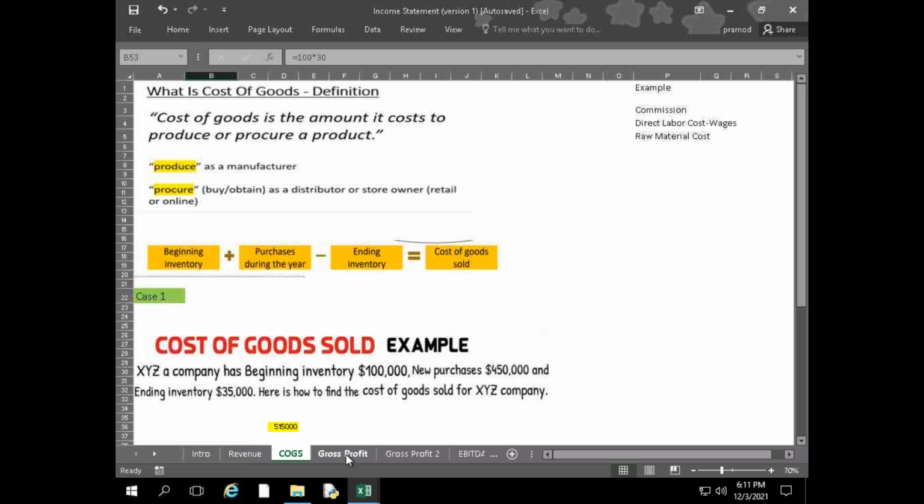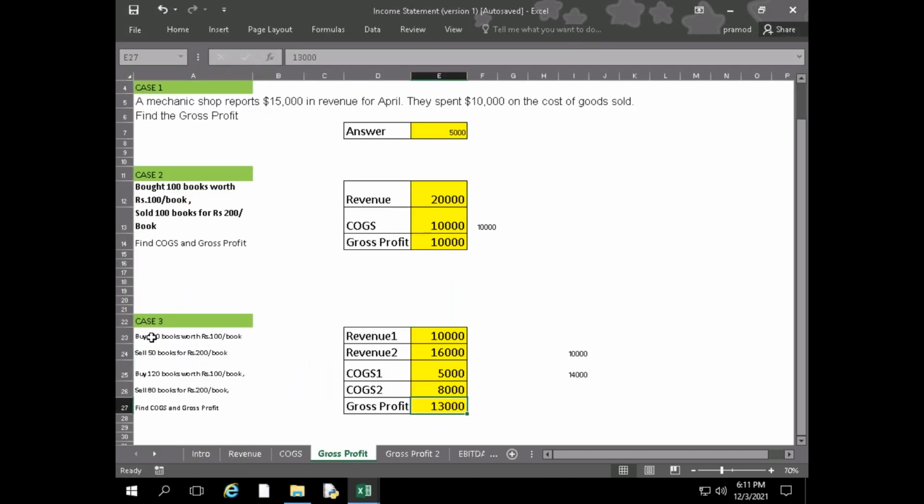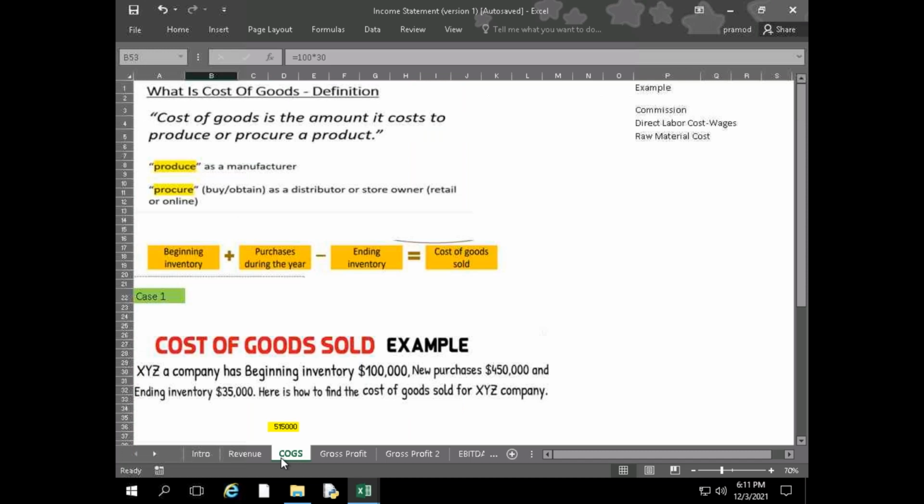For example here, if 50 I sold, 50 I left out. That now becomes the beginning. Correct? If you purchase any inventory, you need to add it to your current inventory, minus your left out inventory.